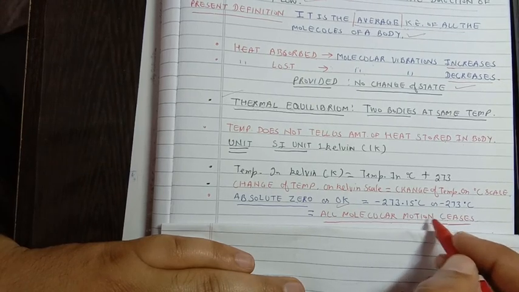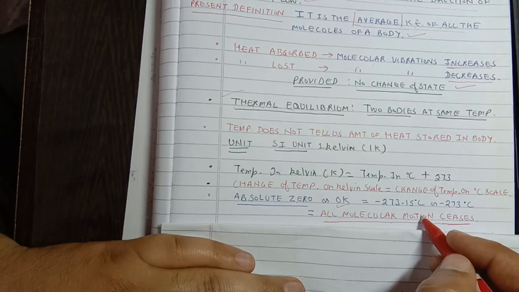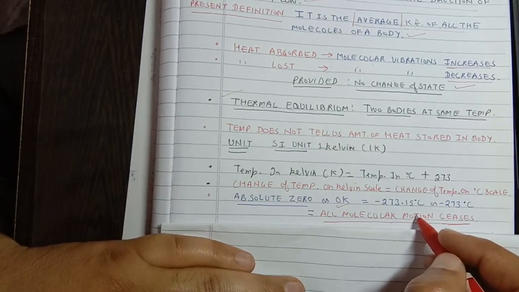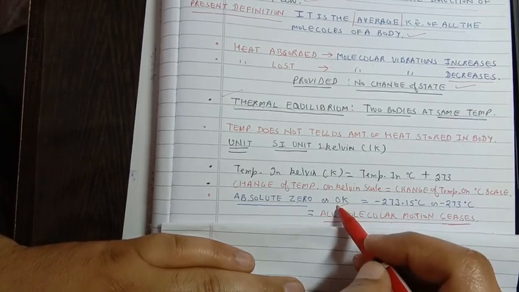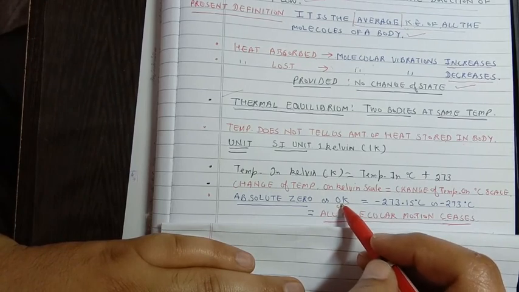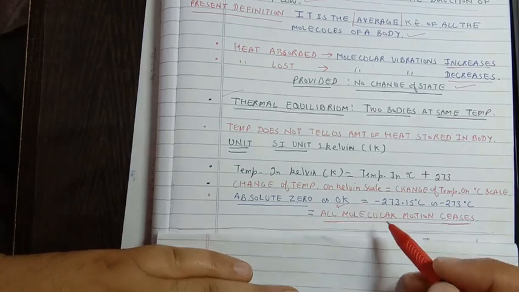So the kinetic energy of the molecules becomes exactly equal to 0, and in this case the molecular attractive forces among the molecules are maximum, the strongest, and the molecules possess only potential energy. So at this temperature, the total internal energy or heat energy of the body is simply equal to its potential energy, because its kinetic energy is 0.